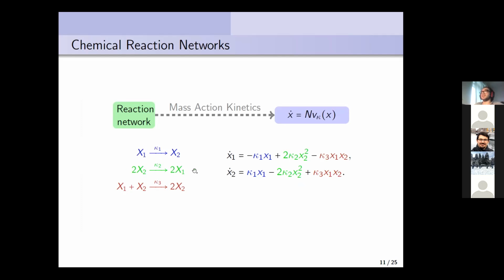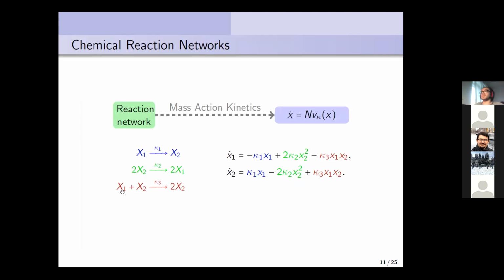In the second reaction, two x1s are getting produced, so there is a coefficient 2, and the reaction rate is given by x2 times x2, because there are two x2s, times kappa 2. From the third reaction, the net change in x1 is -1, because you use one x1 in the last reaction. This is why you have -1 over here.